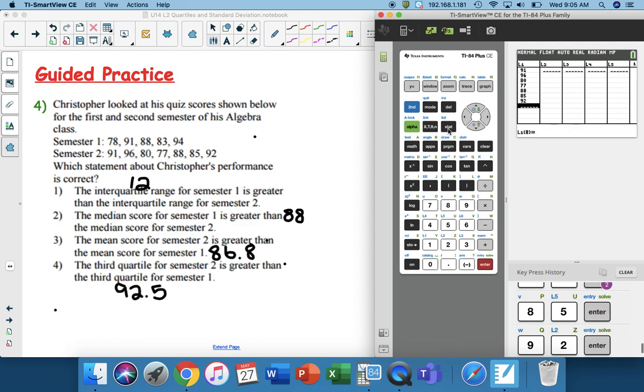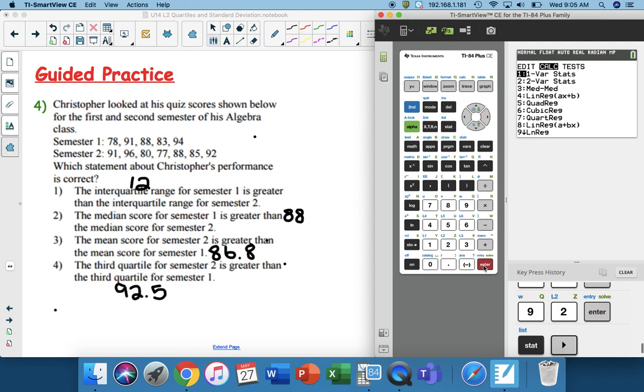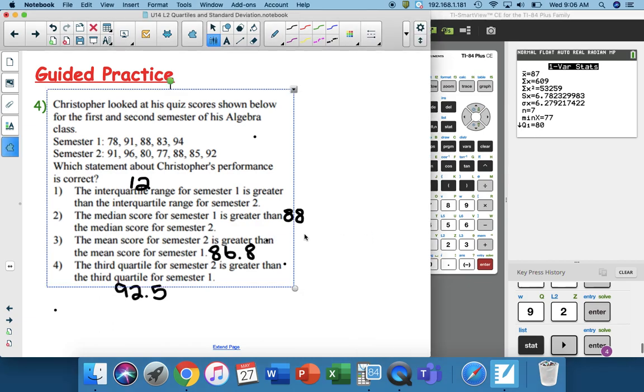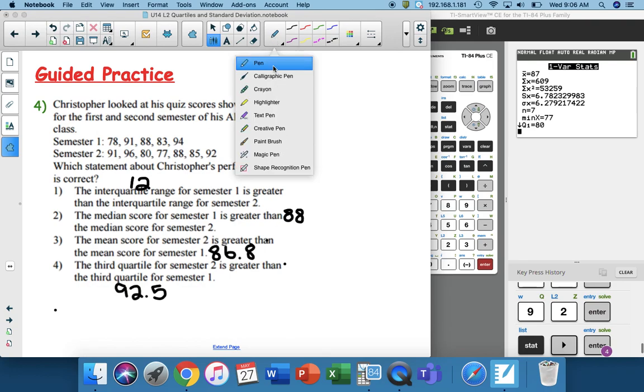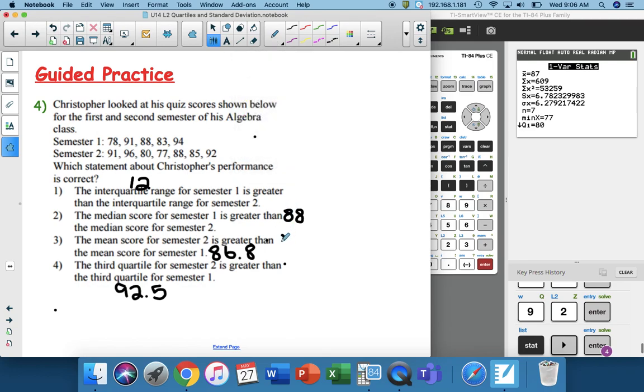Now let's go to stat, calc, enter, enter, enter. All right. Now let's compare these numbers. Let's start with the mean up here. Mean score is an 87.